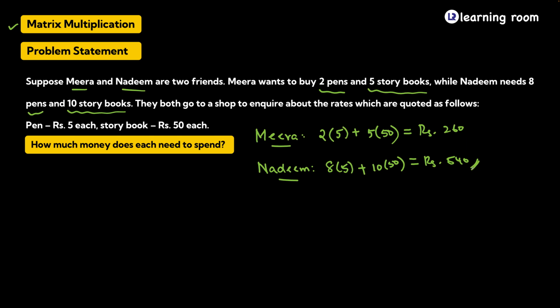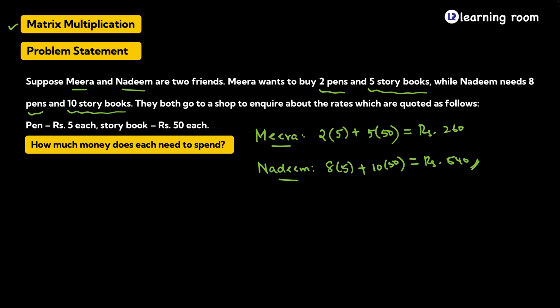What kind of data set is there in our hand? Second is the cost of each. So when you multiply both, you will get the total spent, right? You need to obtain the same result that we obtained using the arithmetic operation using matrix multiplication.